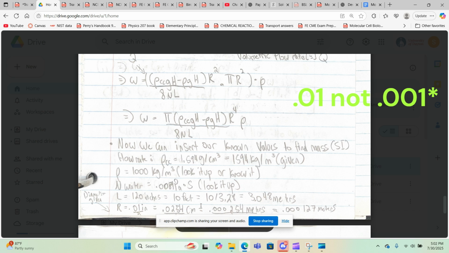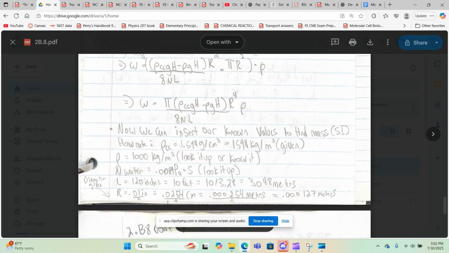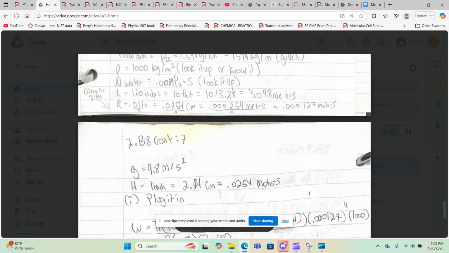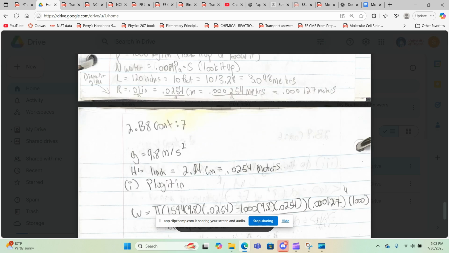Here I just convert inches to feet to meters, and then I convert the radius. Again, this length and this radius are given in the problem. I'm just converting these to meters. And then h equals 1 inch, that's given, equals 2.54 centimeters. It's a pretty well-known conversion. Divided by 1,000 to get into meters.